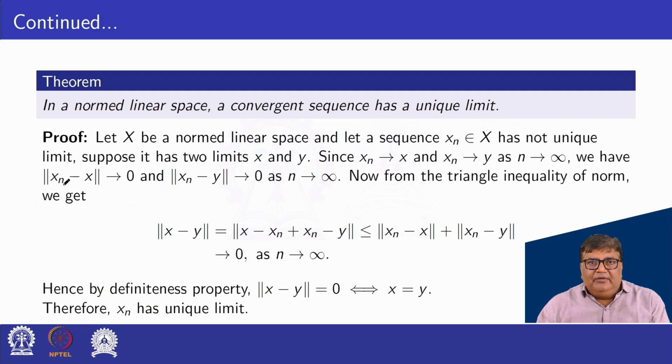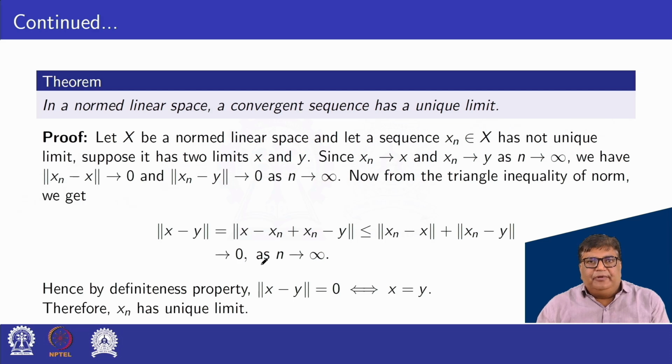But norm xn minus x tends to 0 and also norm xn minus y tends to 0. It means both terms tend to 0, so the total sum tends to 0. It means norm of x minus y tends to 0 as n tends to infinity.